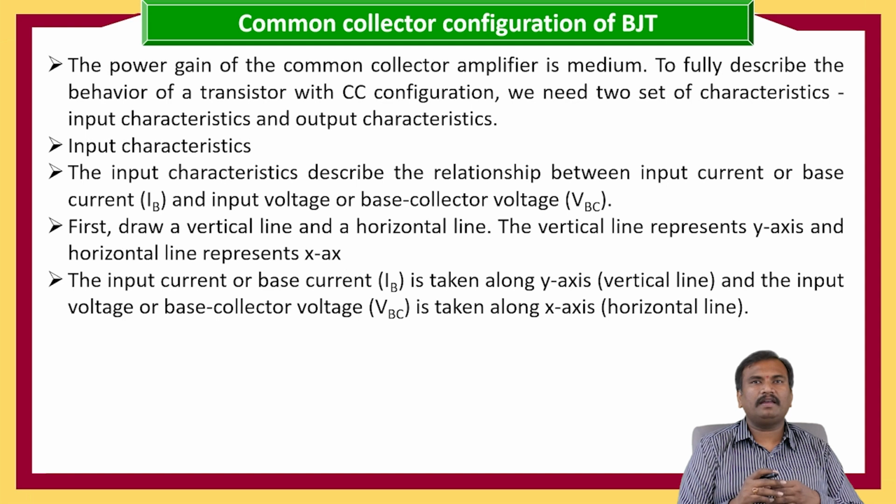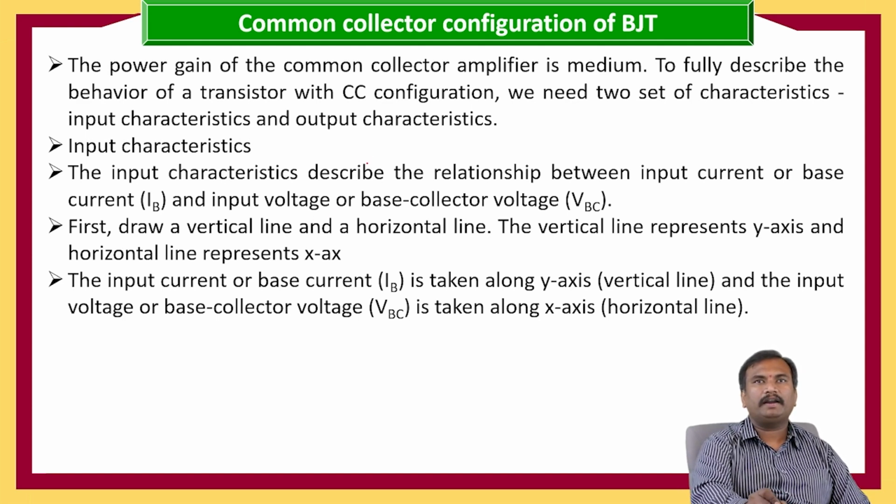Before giving the VBC value, we need to give some voltage across the emitter and collector junction, or we can also take it as 0 volts. The input characteristics describe the relationship between the input current, or base current, and the input voltage, or base to collector voltage.